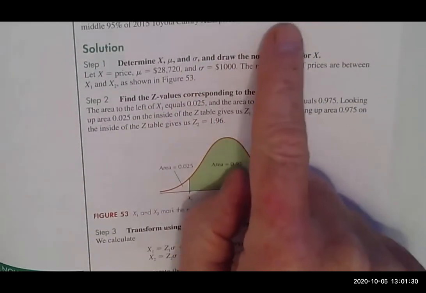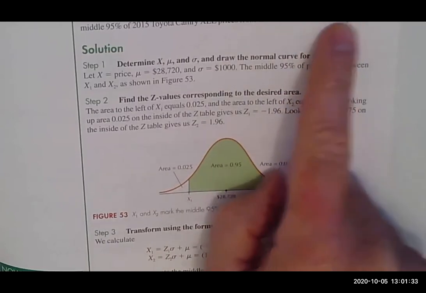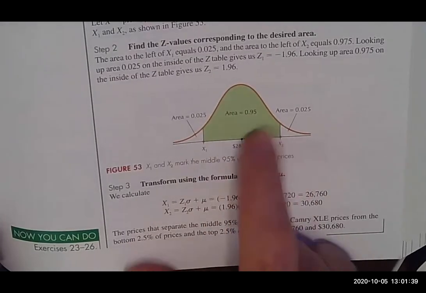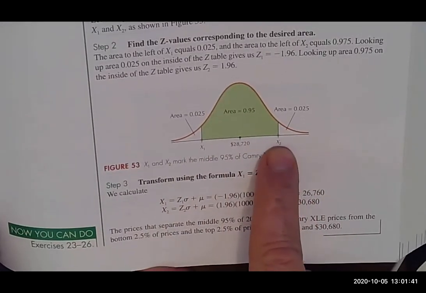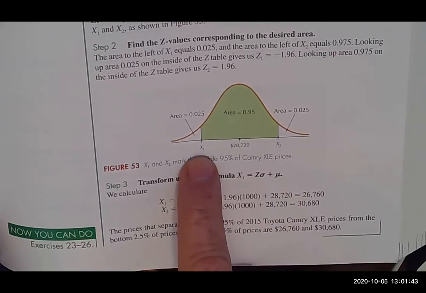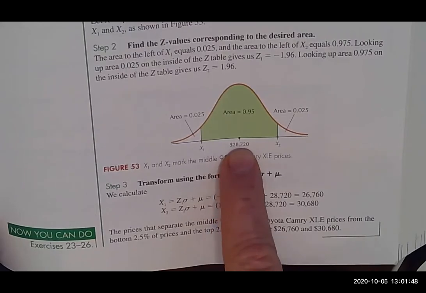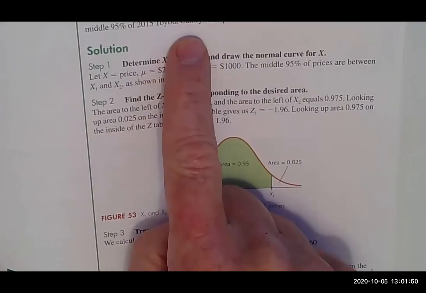Now what they're saying is find the price that separates the middle 95%. Okay, so the middle 95% is the green shaded region. You have to find a price that's higher and a price that's lower than the average price, which looks like they're talking about the cost of Toyota Camrys.